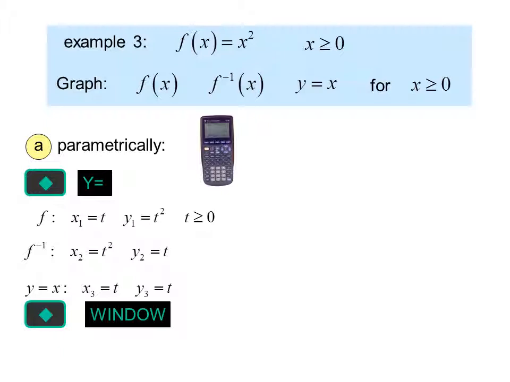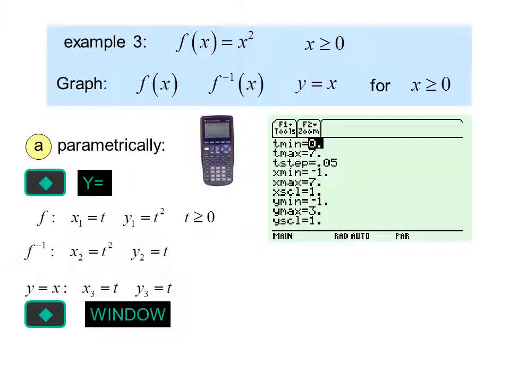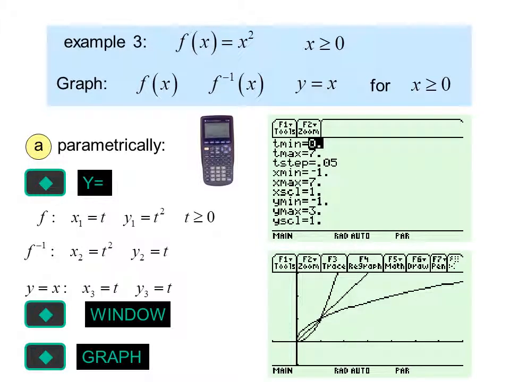Then we press diamond window and set up an appropriate viewing window. When we press diamond graph, we see our two curves and the line of symmetry.